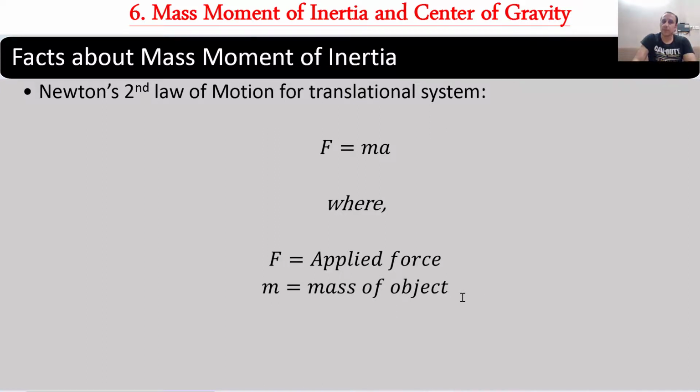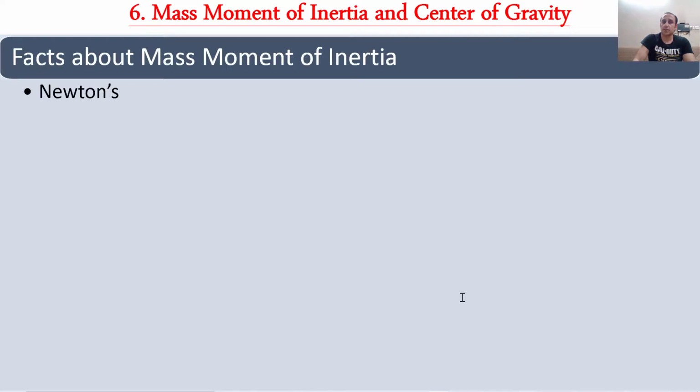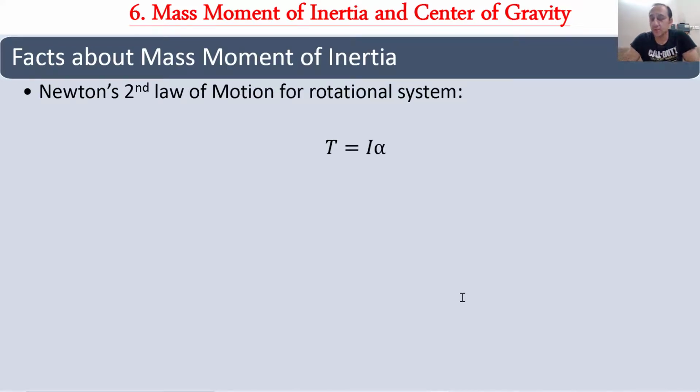But if we apply the same second law of motion to the rotational system, instead of force, now we will have the torque. Instead of mass, now we will have a new parameter I. We don't know what this is. And instead of linear acceleration a, we will have angular acceleration alpha.